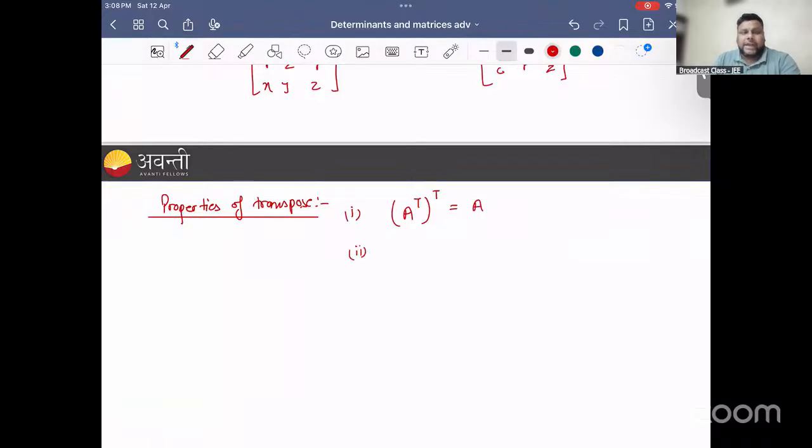If you do A transpose, then its transpose, you will get A again. (A plus B) transpose will be A transpose plus B transpose. (A minus B) transpose will be A transpose minus B transpose.